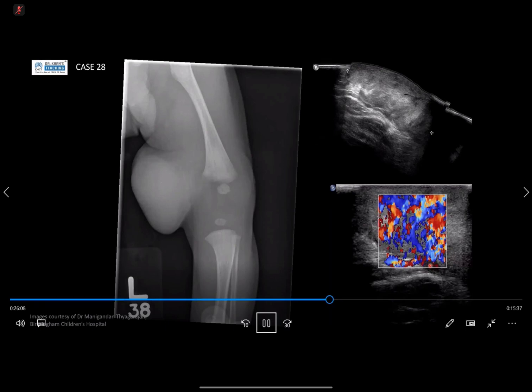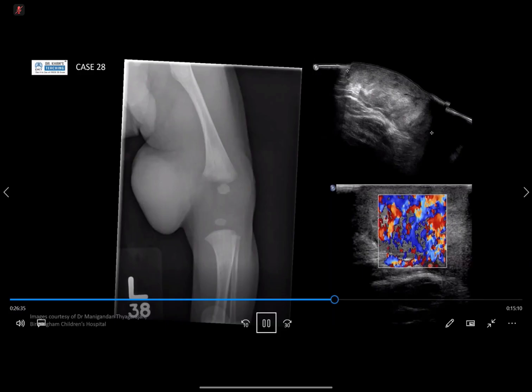It's quite far away from the bone. So this is a soft tissue mass for which an ultrasound is performed. The ultrasound is showing that it's heterogeneous, predominantly a hyperechoic area with increased vascularity. If it was compressible during the ultrasound, then this could be a hemangioma.